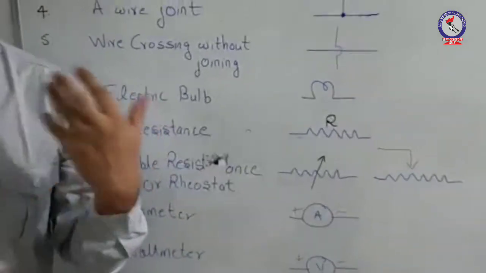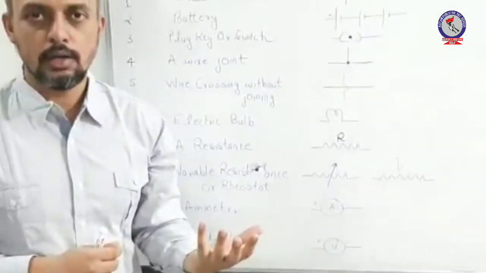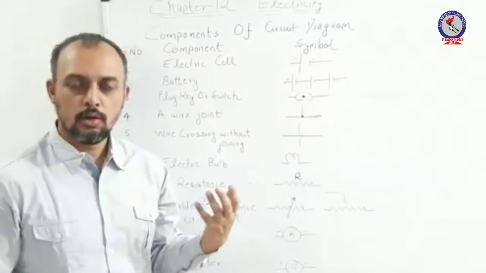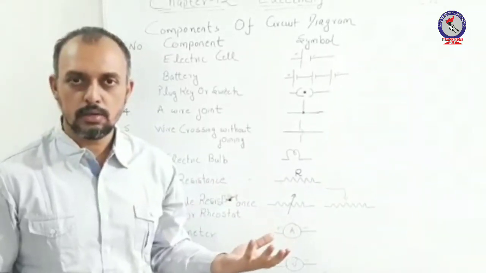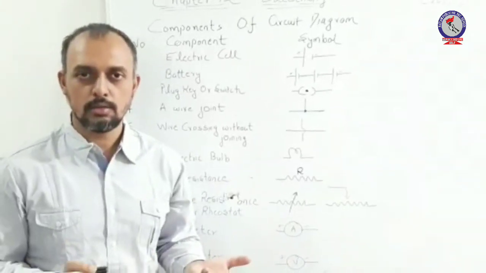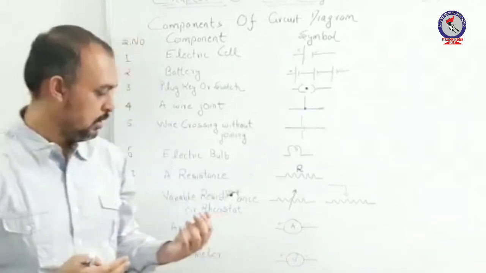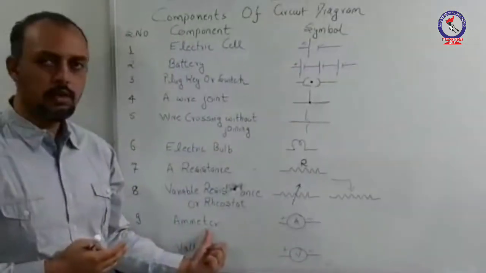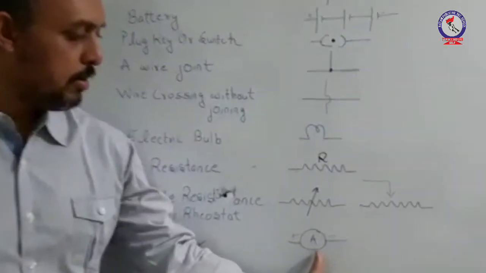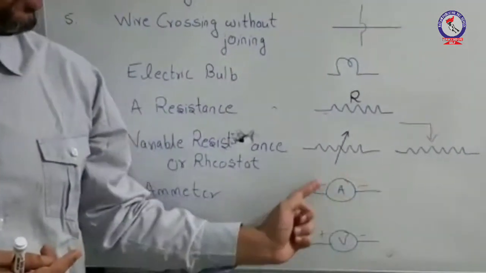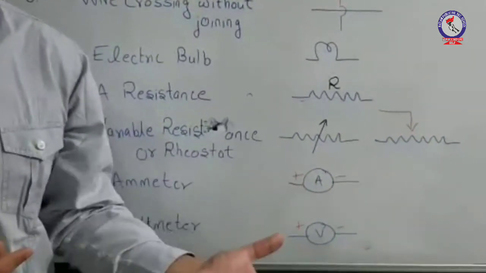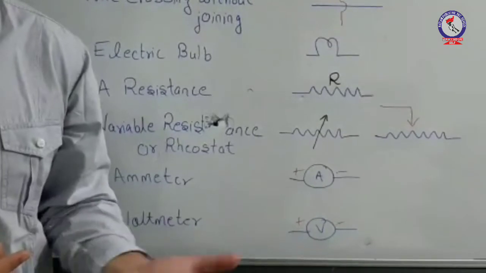Moving on to the measuring instruments which are connected in a circuit across a large number of devices for measurement of various values. The very first is an ammeter. An ammeter is represented by the letter A inside a circle as shown in the figure. This ammeter is a device which is used for measuring electric current.